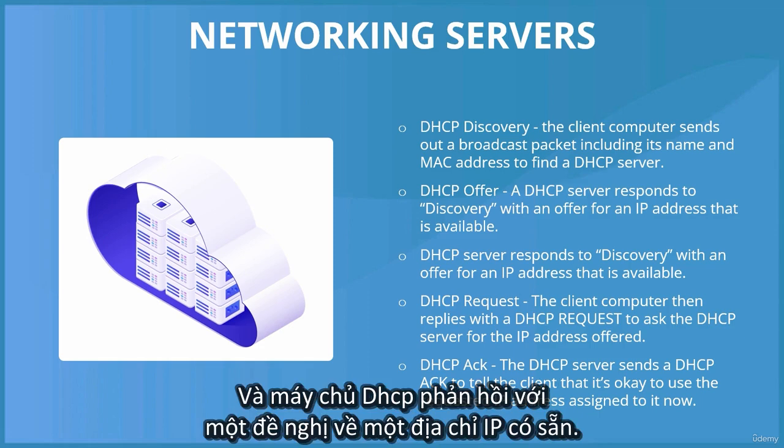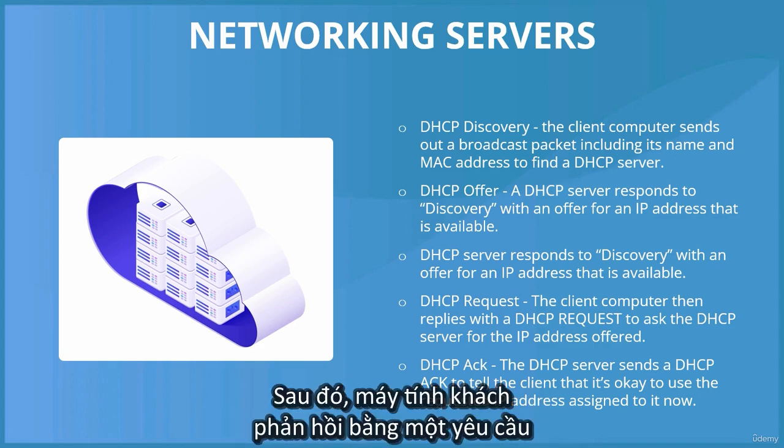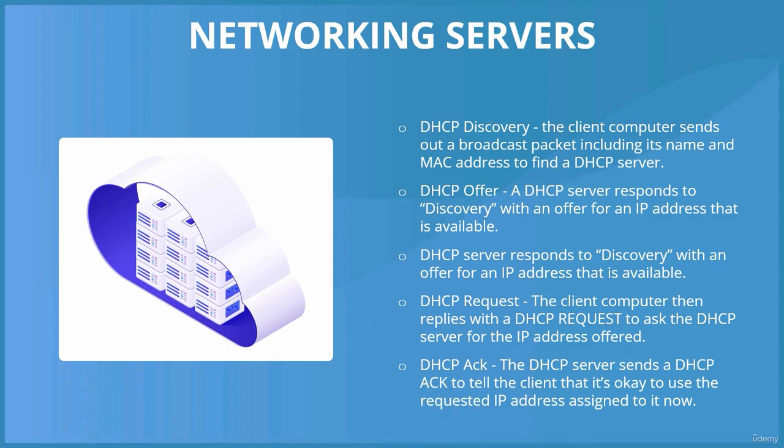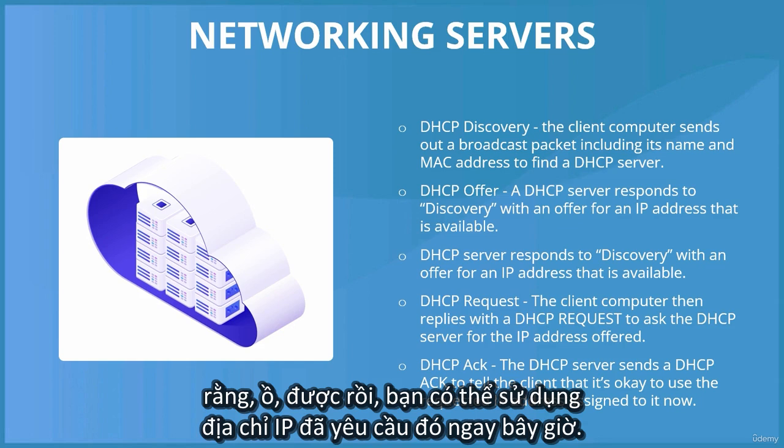And then the client computer replies with a DHCP request to ask the DHCP server for that IP address that was offered. Then the DHCP server sends a DHCP ACK to tell the client that, hey, it's okay to use that requested IP address assigned to it right now.